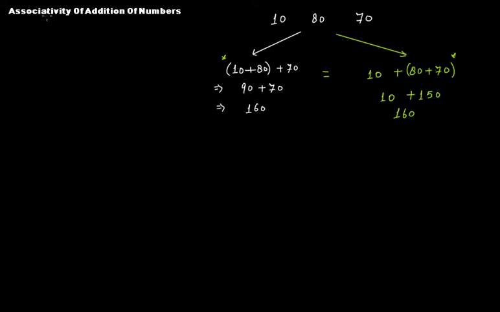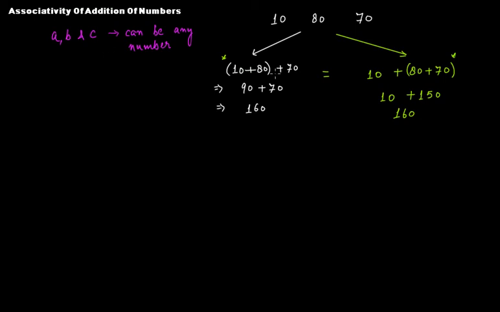You will say that for the associativity of addition of numbers, let's suppose that we have three variables a, b and c, where a, b and c can be any number, and we have discussed all these things when we were studying whole numbers. If you remember that we have discussed this associative property of addition of numbers. So a, b and c can be any number, and a, b and c are variables here in this case.